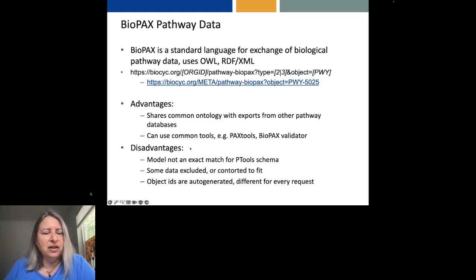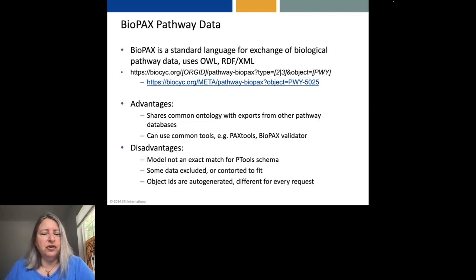The disadvantage is really that it's a decent match for our Pathway Tools schema, but not an exact match. So some data gets excluded, or there are various machinations to get the schemas to meld together. And the other main disadvantage is that, because there's not a one-to-one correspondence between a BioPAX entity and a BioCyc entity, the object IDs in the BioPAX output are all auto-generated.